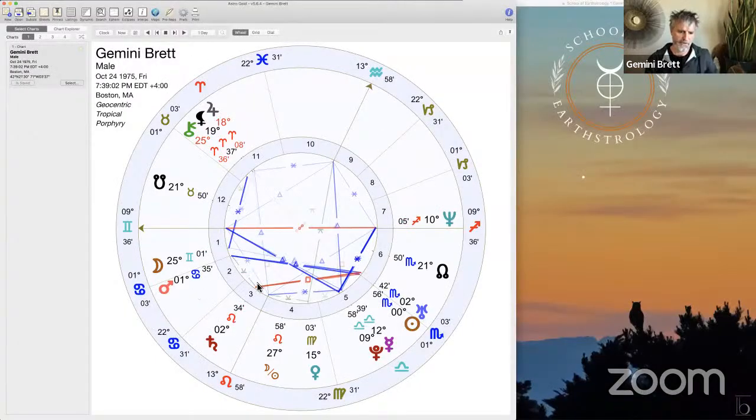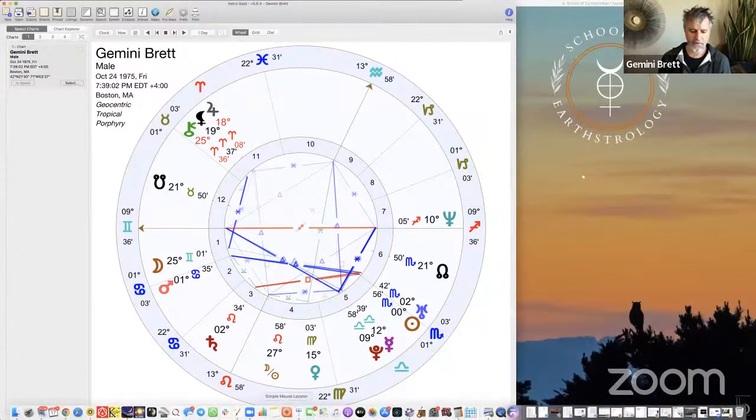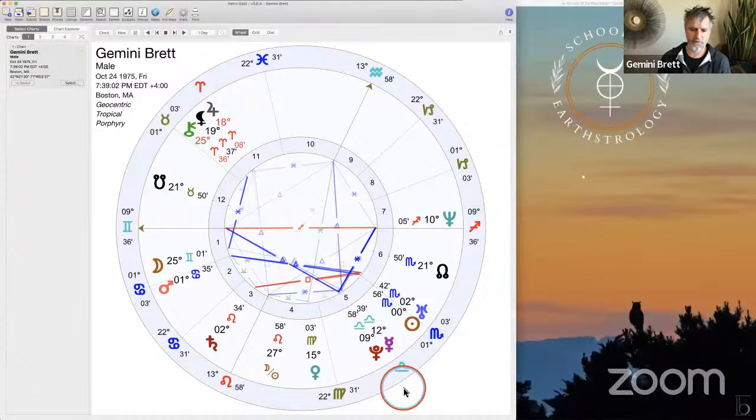Okay, so let me show you a chart. I'm going to put my chart on the screen here. And I have, for example, this strong semi-sextile or neighboring signs of Mars here at 1.5 Cancer and Saturn here at 2.5 Leo, right? I have a strong quincunx between Venus at 15 Virgo and Aquarius, 14 Aquarius midheaven.